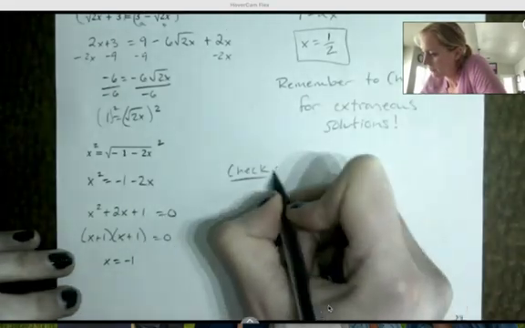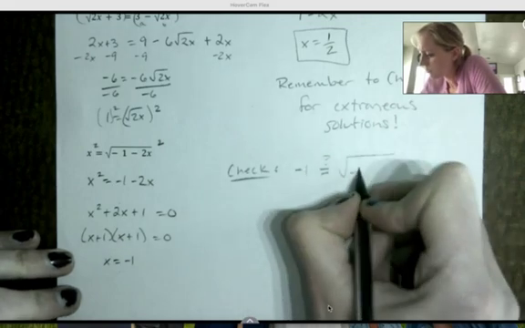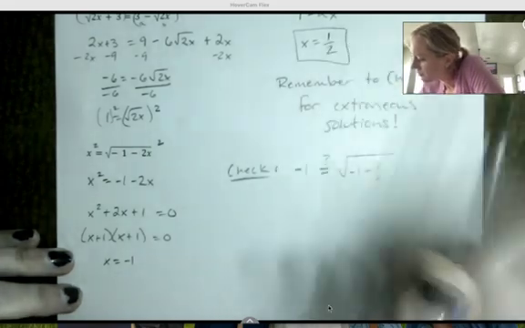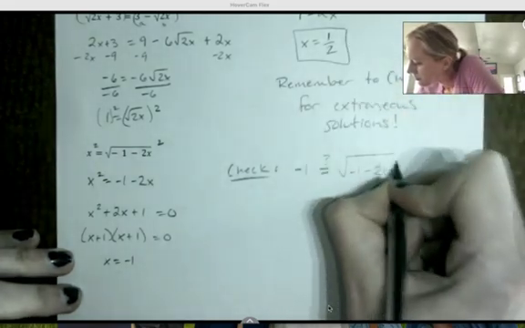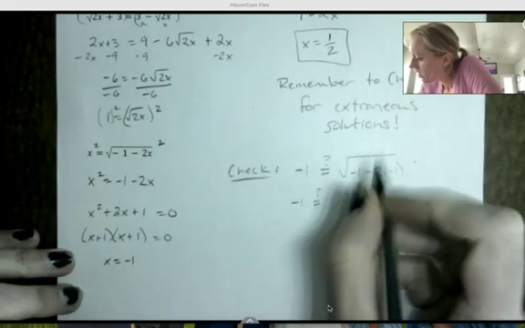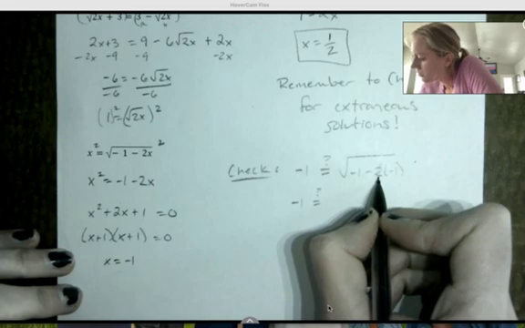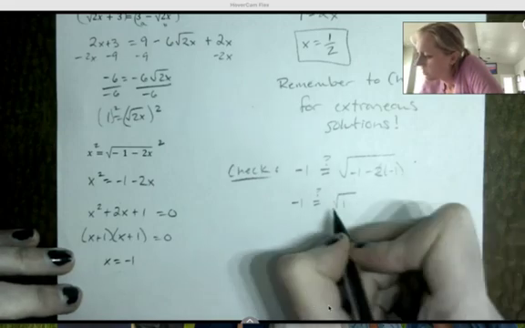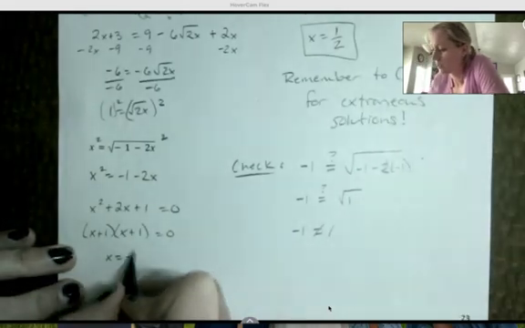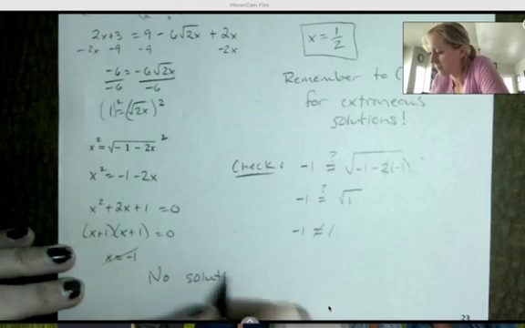So I'm asking, does negative 1 equal square root of negative 1 minus 2 times negative 1? Okay, so let's see, we get negative 1 plus 2 is 1, and this is not equal. So because of that, there is no solutions.